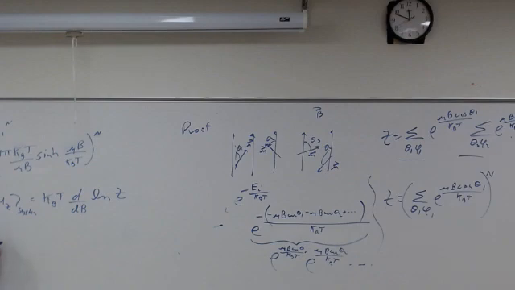So what do we got? I'll be nice and copy down the kB T, partial with respect to B of, so it's going to be the logarithm of this guy.